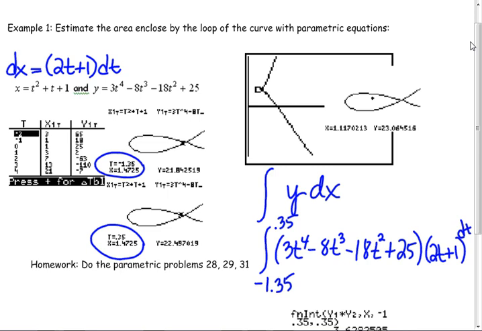You guys know why that works? When you integrate from here to here, that does all of that. And then when you integrate from this point here to this point back over here, it does all of that, and it subtracts them, and you're left with just this in-between piece. That's why it works.